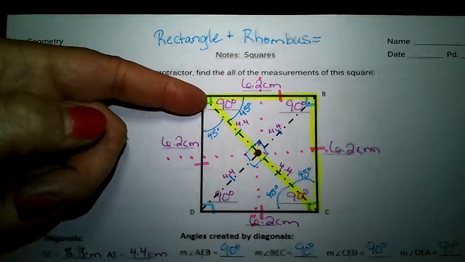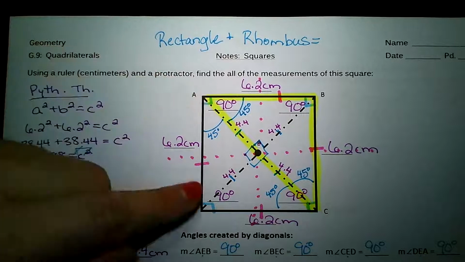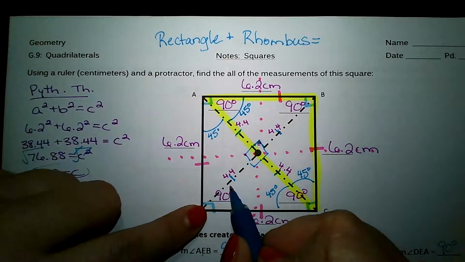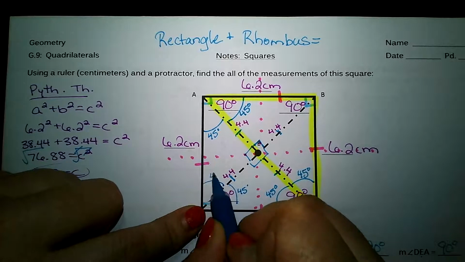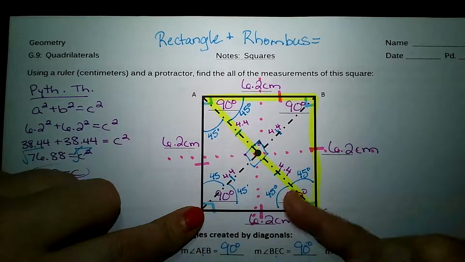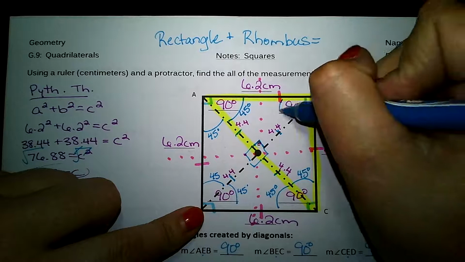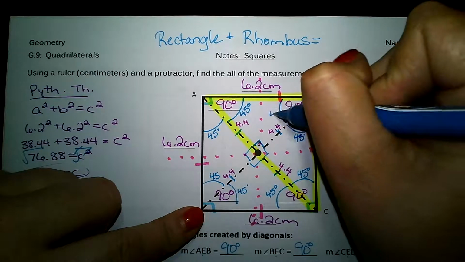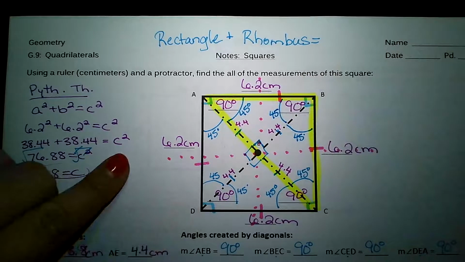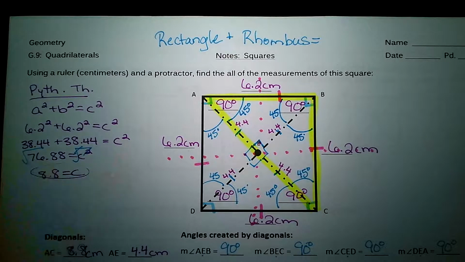So these two 45s in the top left corner are going to flip down to the bottom left corner. And these two 45s are going to flip up here. So every single angle in this picture is either a 45-degree angle or a 90-degree angle. And that is the power of the square. The square is so symmetric.